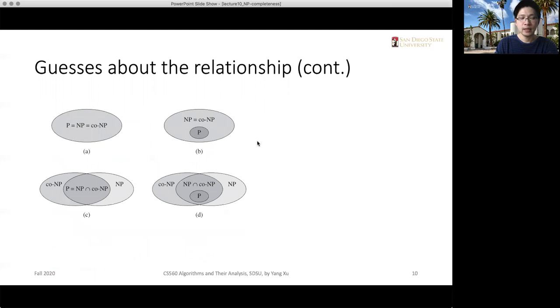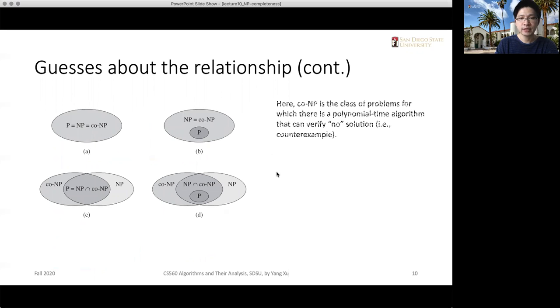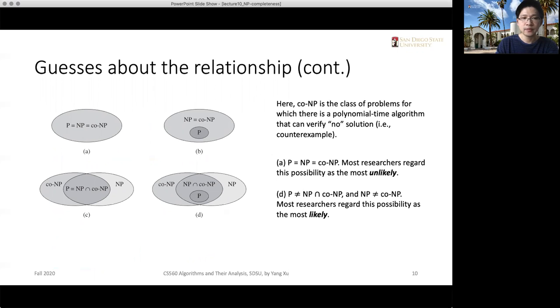Okay, so this is the figure from the textbook. People would believe that the figure in A is the most unlikely, and the figure in D is the most likely.